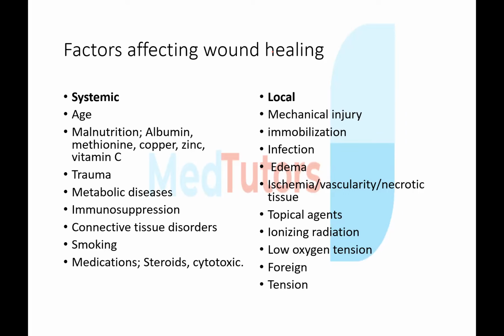Malnutrition, as you see, there are some certain nutrients that are required in the process of collagen formation. In the process, proteins are required in the process of granulation tissue deposition. So you can see when a patient has malnutrition, protein energy malnutrition, malnutrition of some micro elements and vitamin, they have prolonged wound healing. As you see, vitamin C is required in collagen synthesis.